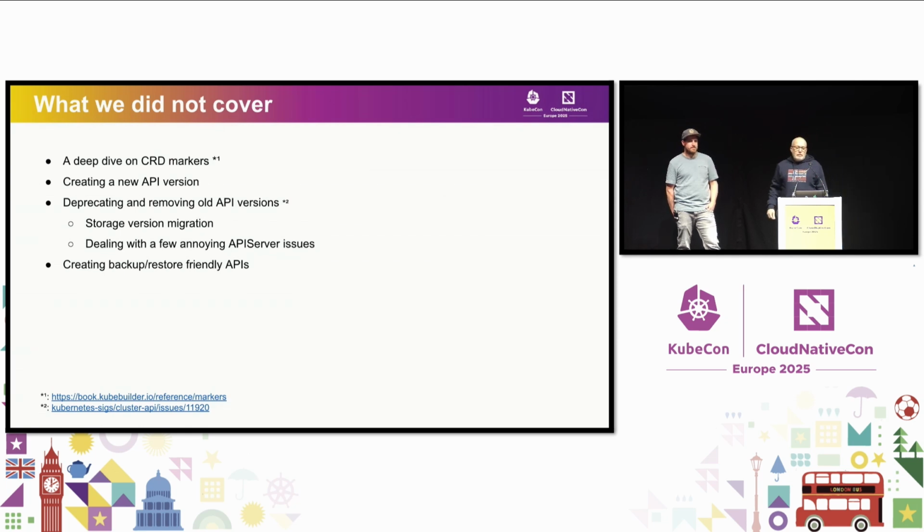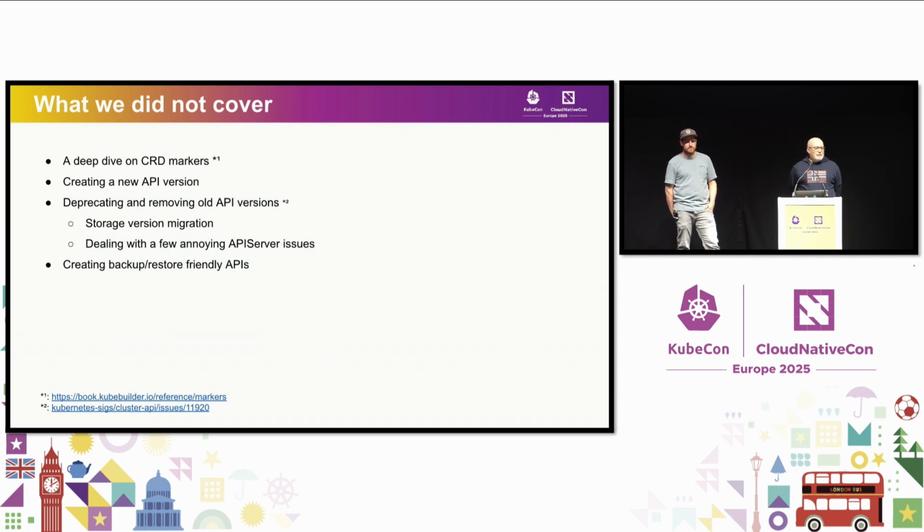What else did we not talk about? We did not talk about creating a new API and deprecating and removing the old API version. Well, this is way more complicated than it should be, because unfortunately there are problems that you have to take care of, like storage version migration, and also you have to deal with a few annoying API server issues that we are also trying to fix in parallel.